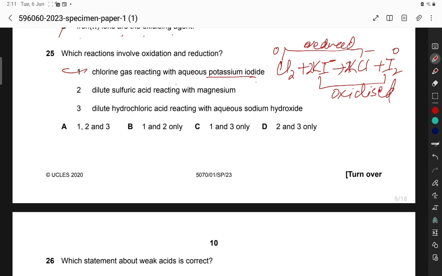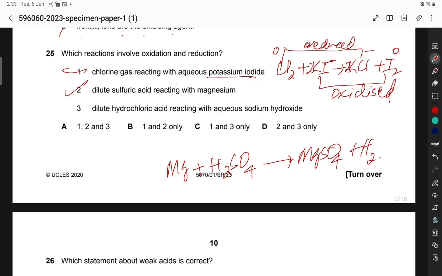Oxidation reduction takes place. Dilute sulfuric acid reacting with magnesium. This is also redox. Oxidation state is going to increase.